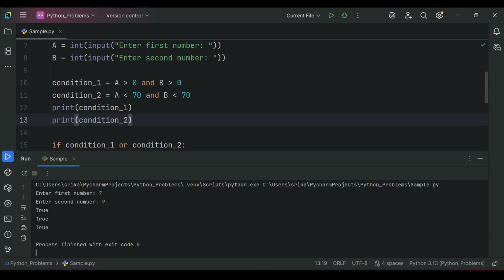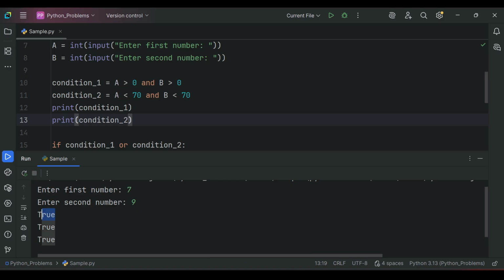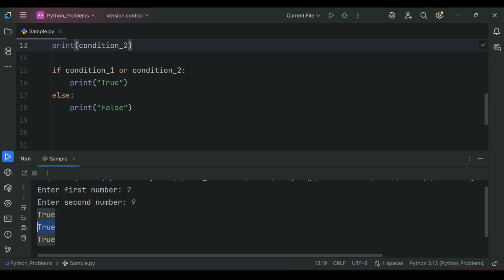Because here A is positive and B is positive, then condition 1 is true. Next, A is less than 70 and B is less than 70, then condition 2 is also true. The first condition is true and the second condition is true. Then true or true is always true. That's why the final output should print true.